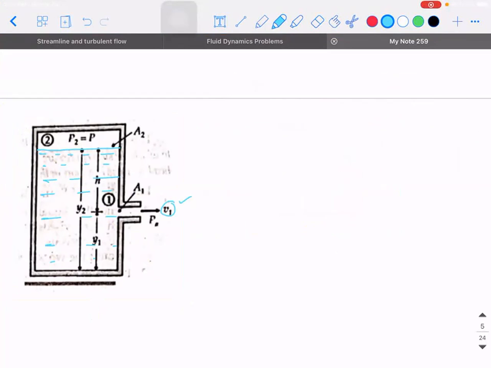One important note to be made is that the area of cross section at the top point, A2, is very much greater than A1.